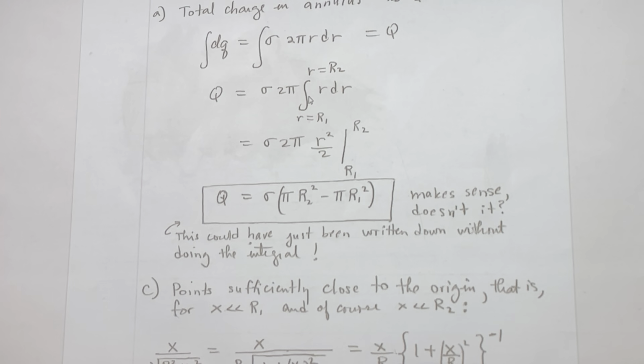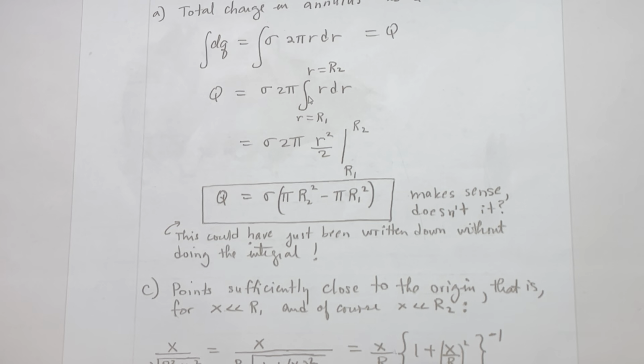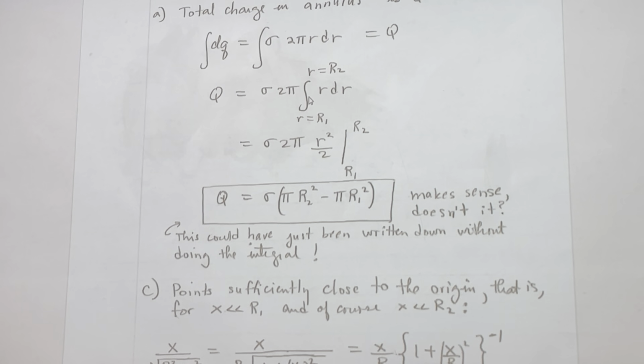So what I am going to do is choose a ring of radius r and thickness dr. You know, an infinitesimal thickness dr. I'm drawing it kind of big over here, but it's supposed to be infinitesimally thin, right?